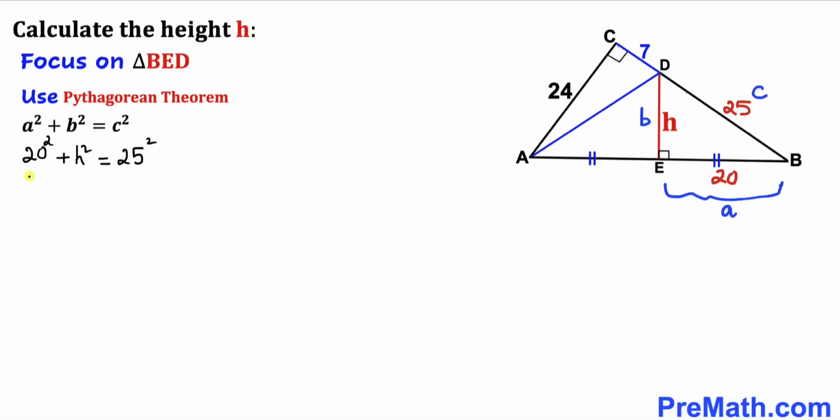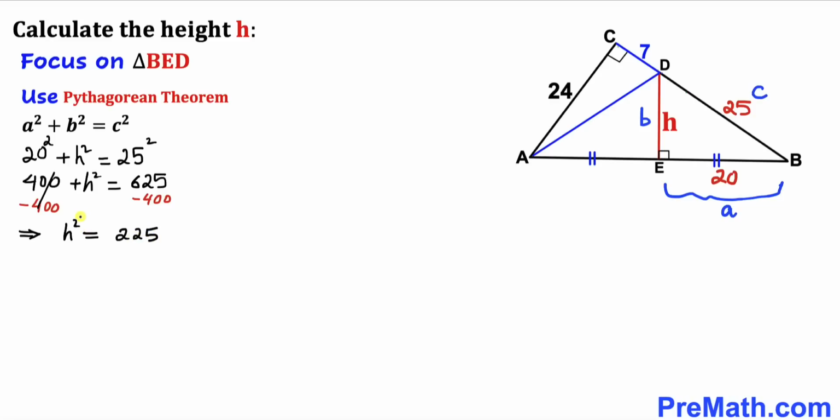So let's simplify furthermore. 20 square is 400 plus h square equal to 625. Let's go ahead and subtract 400 from both sides to isolate h square. So therefore our h square value is going to be 225.